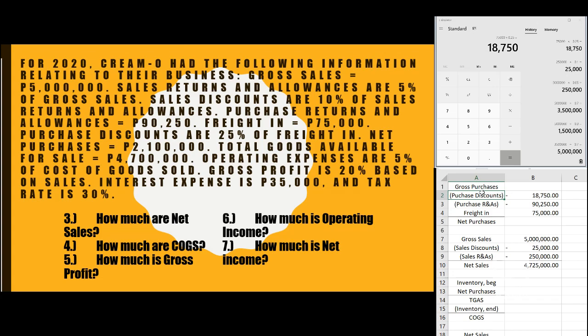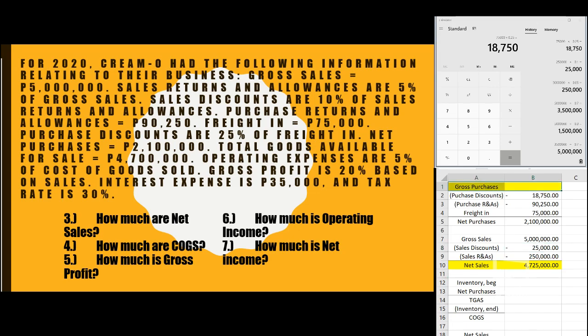Now, ano pang mga binigay? Net purchases. Binigay ang ating net purchases, which is 2,100,000. So, in this case, ang hahanapin natin here is gross purchases. Sige, by the way, ilawan natin yung mga hindi given kanina na sinolve lang natin. So, ito, hindi yan given.